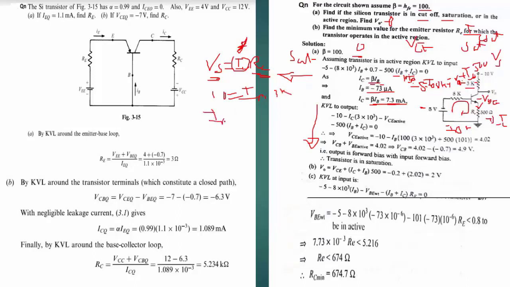So I maximum tutakuja kupata ni 10 divide by 3K. 1 over K ni sawa na milli. So tutapata 10/3 milli, which is around 3.3 milli.